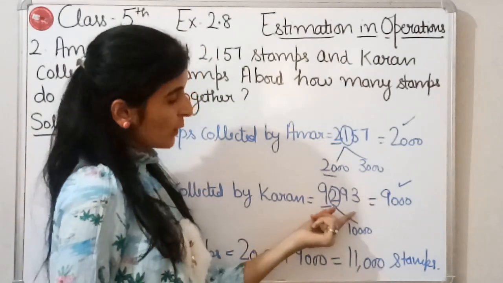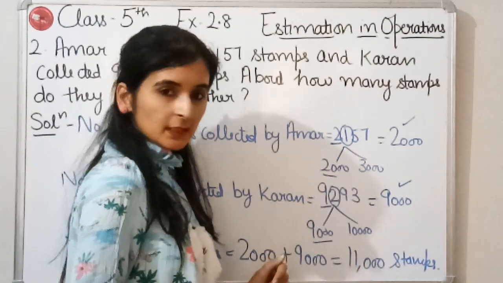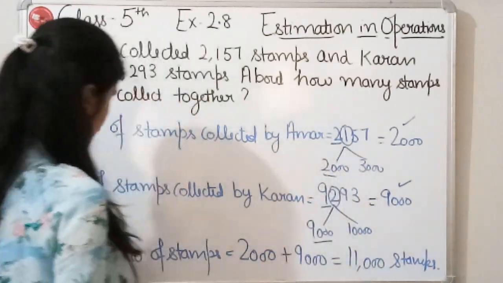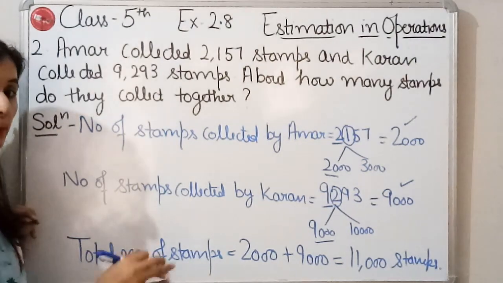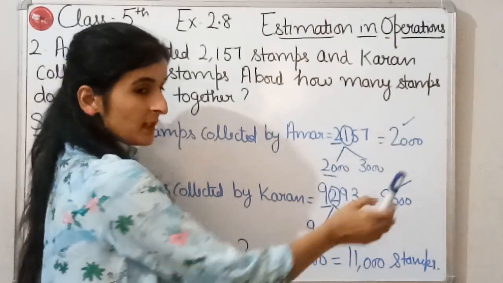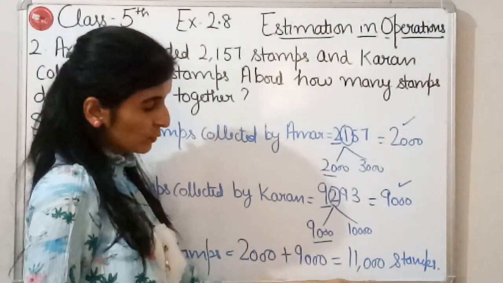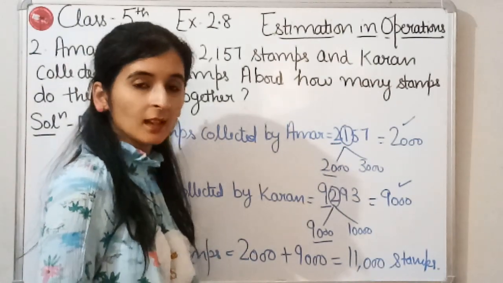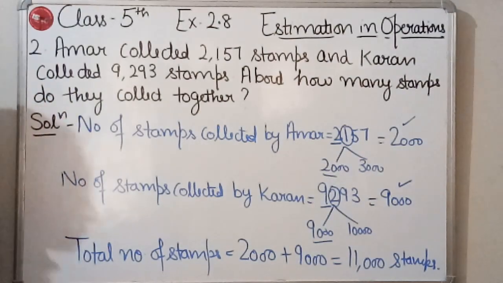So we have rounded off this to the nearest 1000, which is equal to 9000. After that, for finding the total number of stamps collected by both together, it will be equal to 2000 plus 9000. That is equal to 11,000. So 11,000 stamps is the answer. Fine. So that is how we have to do this question.